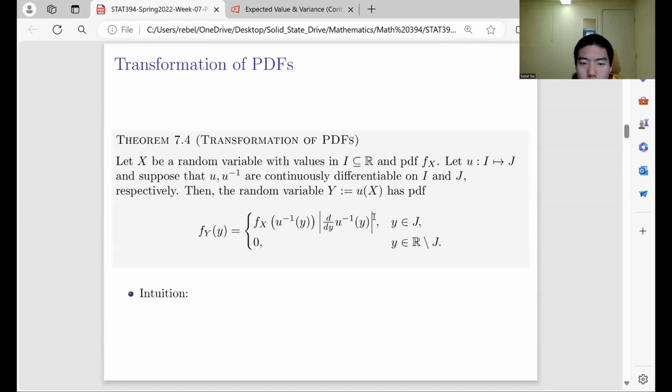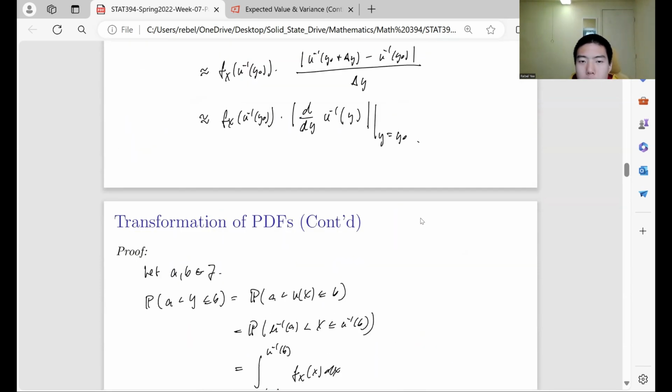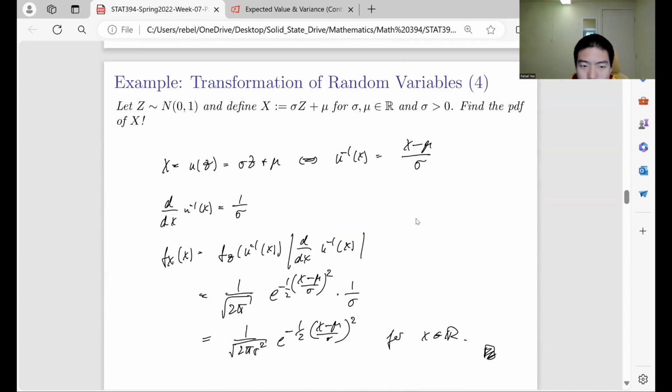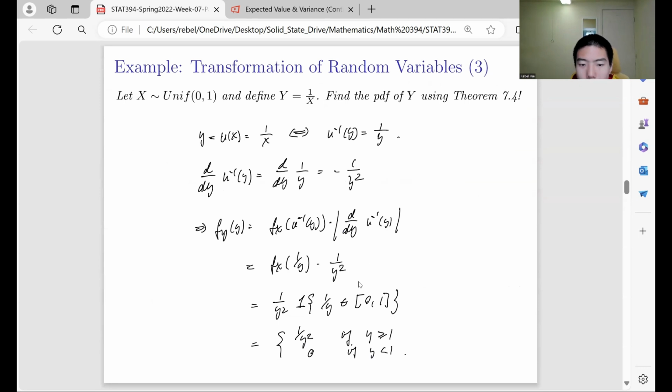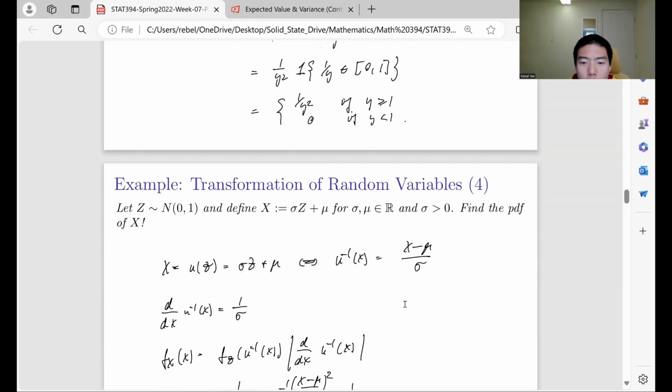Remember in this formula, this only happens when y belongs to j, which is the range of the transformation. So 1 over y is in the closed interval 0 to 1, so it's actually y greater than or equal to 1. And it becomes 0 if y is smaller than 1. So we have solved it.